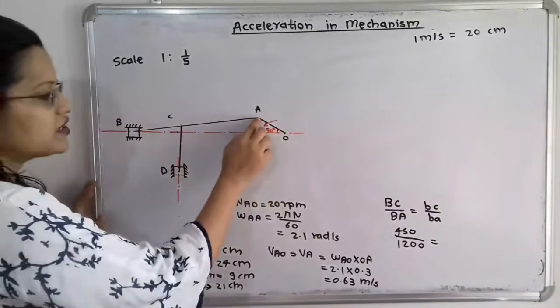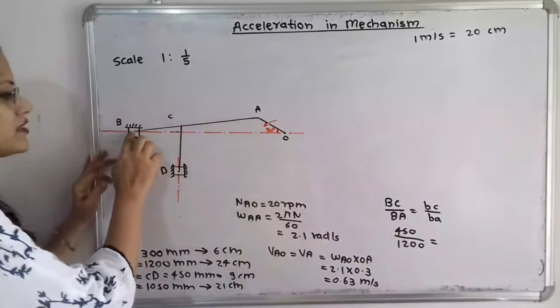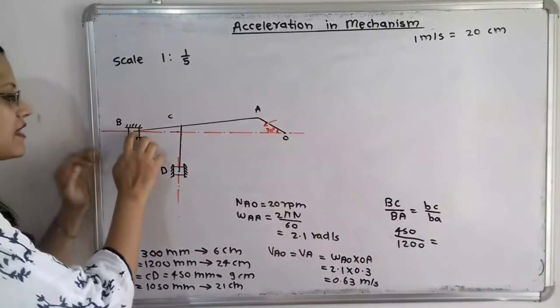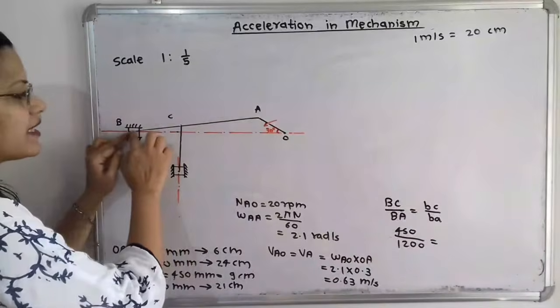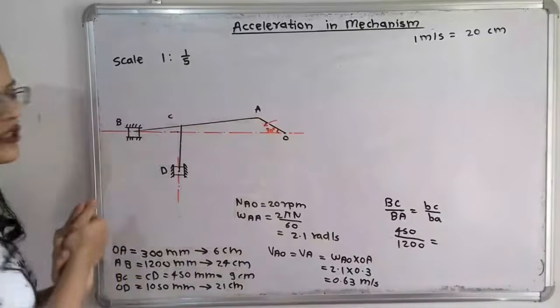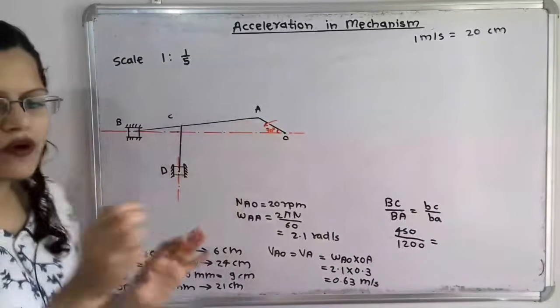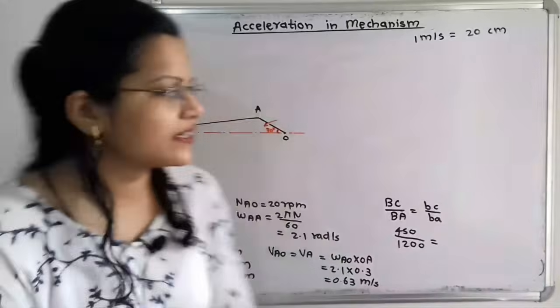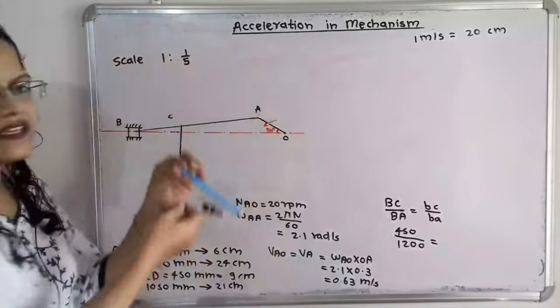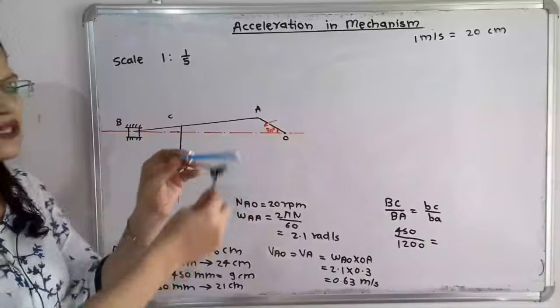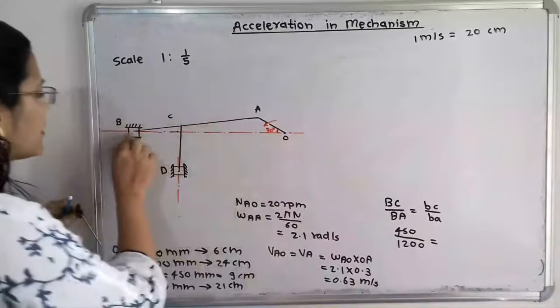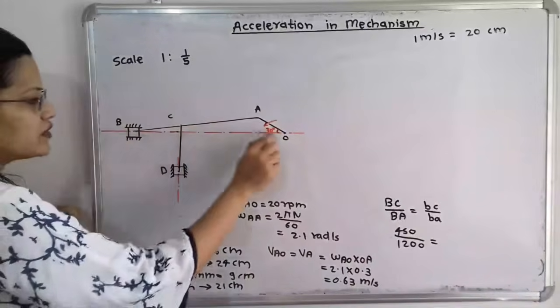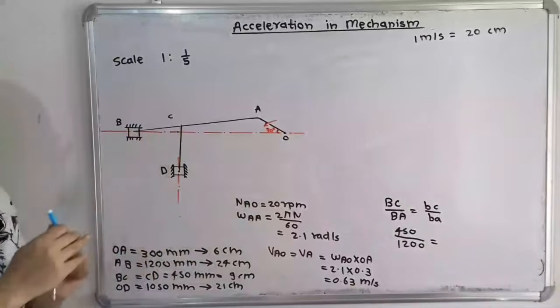Here the initial point is A and the final point is B. At point B there is the slider, and the length of link AB is 24 cm. With the help of a compass we can select A as the center, take the 24 cm distance and mark one arc, and the point of intersection with this horizontal line will be the point B.